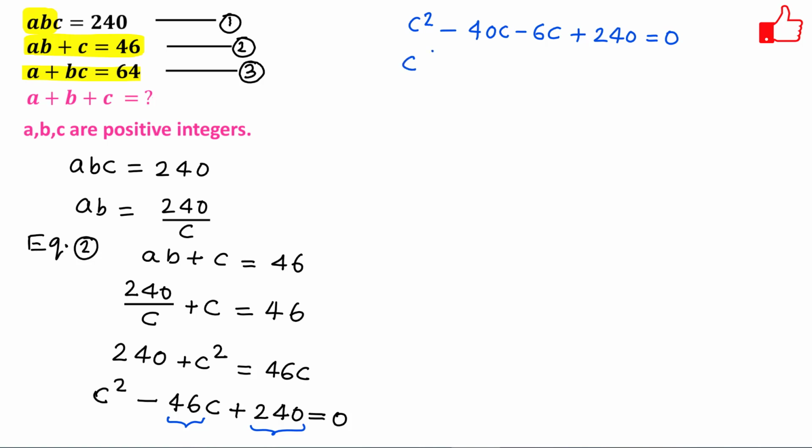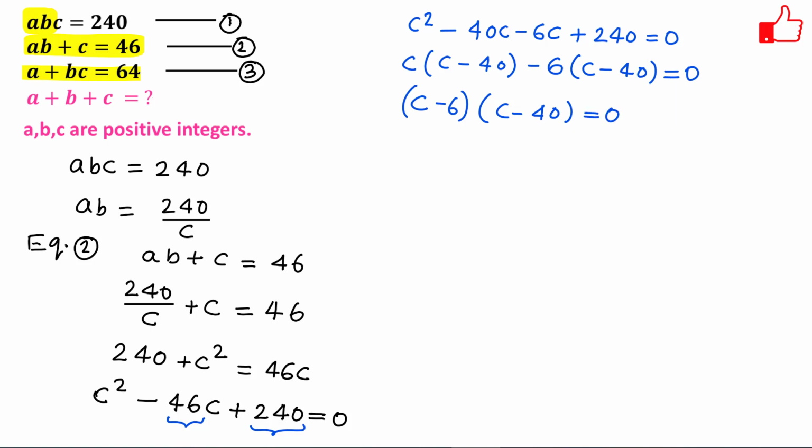If I take C common, I will have C minus 40, and here I can take minus 6 common, so this becomes C minus 40. So I can say this is C minus 6 times C minus 40 equals 0. So there are two possibilities. Either this term is 0 or this term is 0.